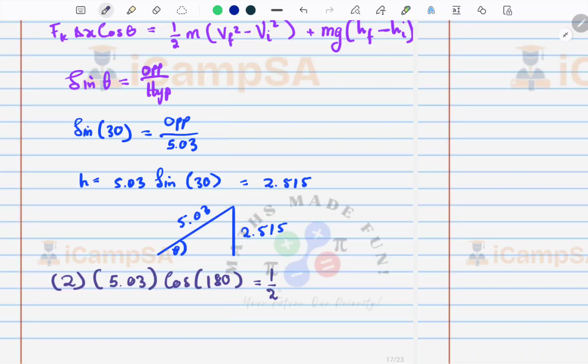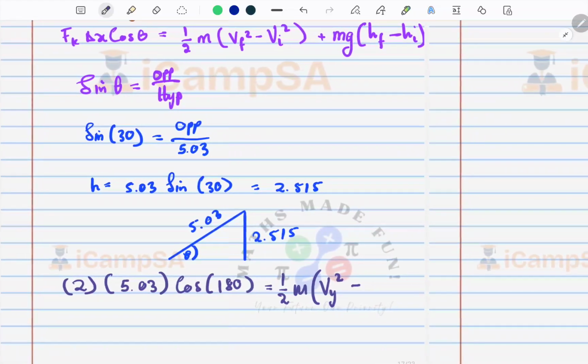Then equals 1 over 2 m. I don't have m. But now, when I get to this point, we have Vf. Vf here, we did calculate it as Vy squared. Then minus Vi is going to be what?